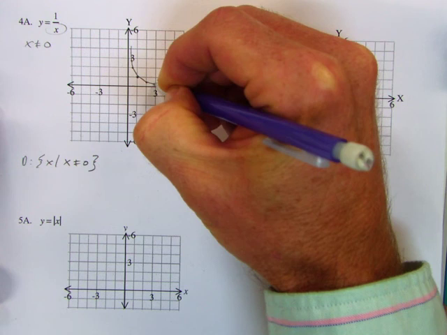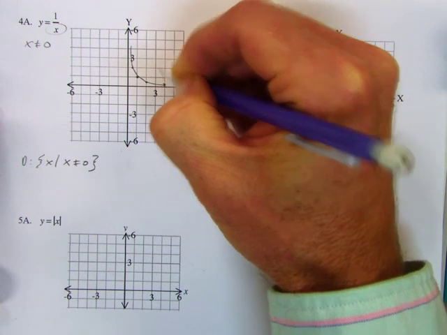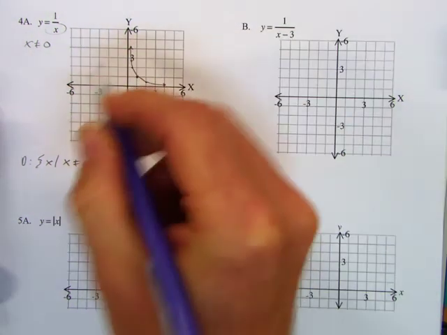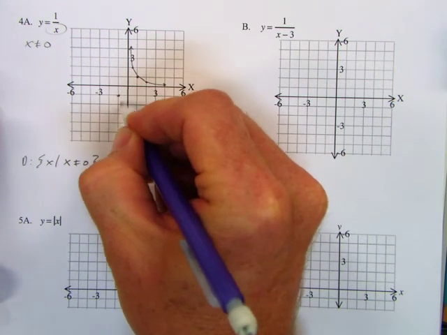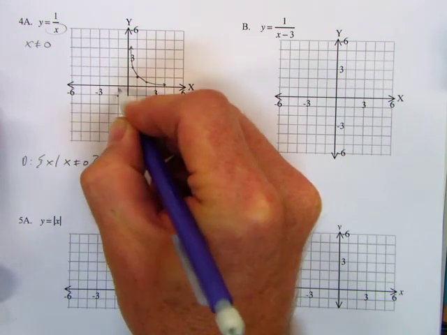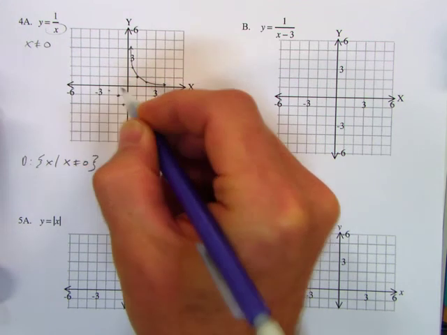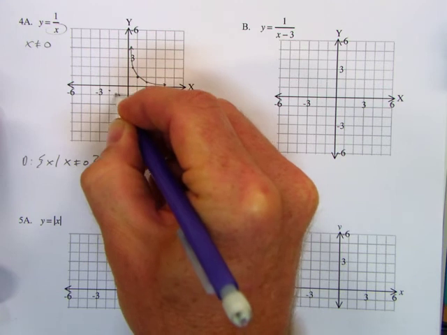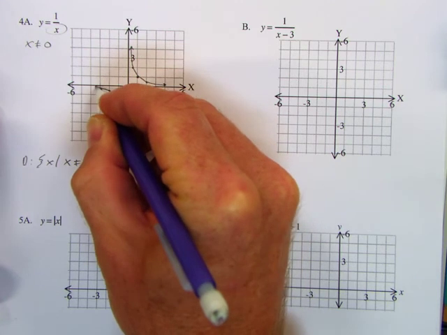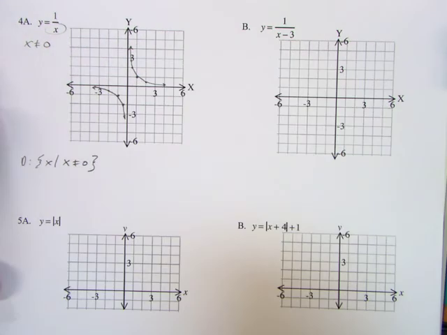This graph looks like there. Similarly, if we plug in -1, you get -1. -1/2, you get -2. And then -2, you get -1/2. So this graph looks there.